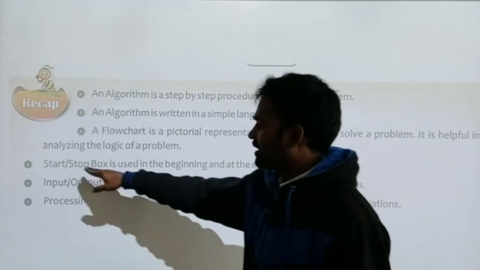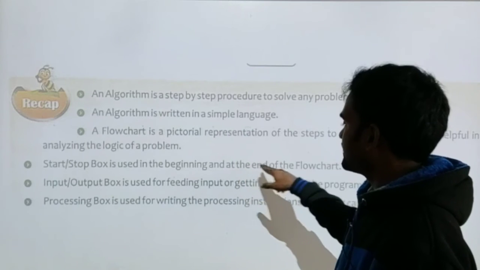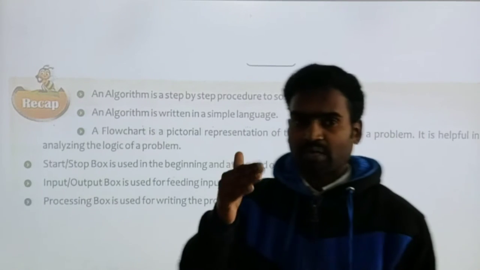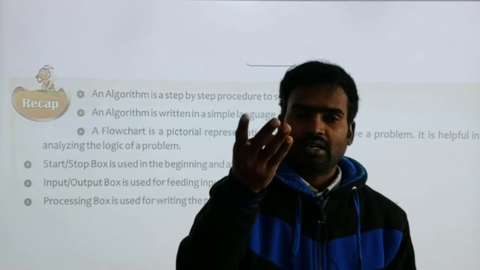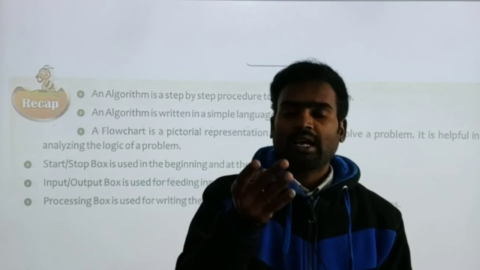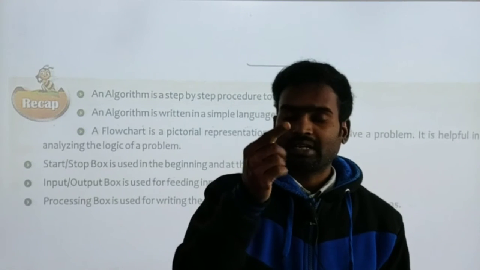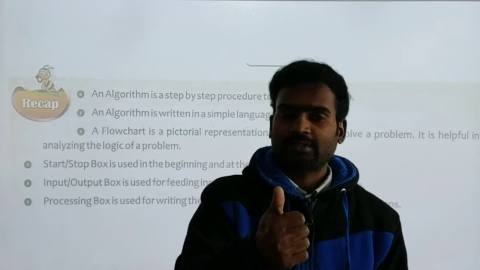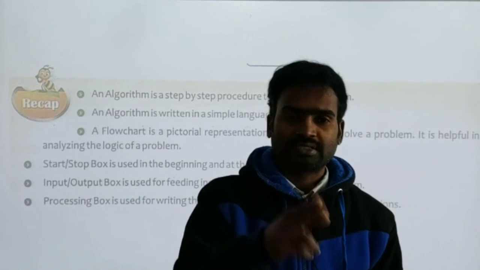The next one, the start-stop box is used at the beginning and at the end of the flow chart. Whenever we start any program, we have to use the same diagram for start and stop. Processing has only one diagram, the condition has another diagram, and reading input and showing output use the same diagram.